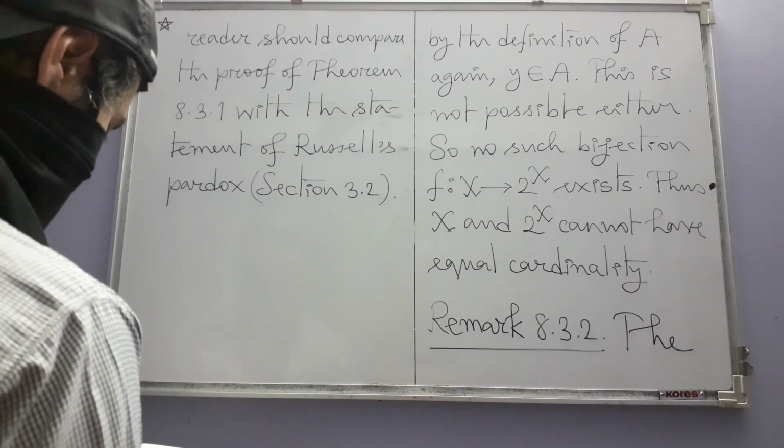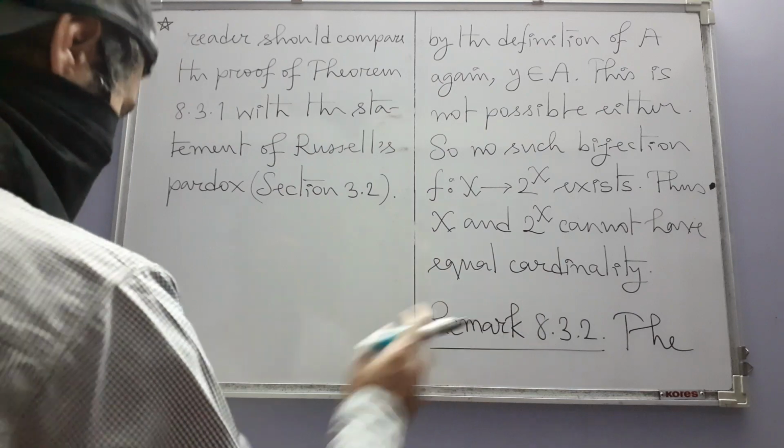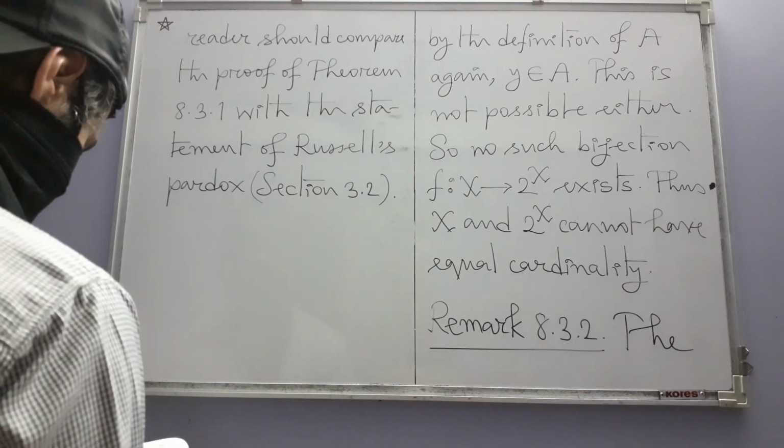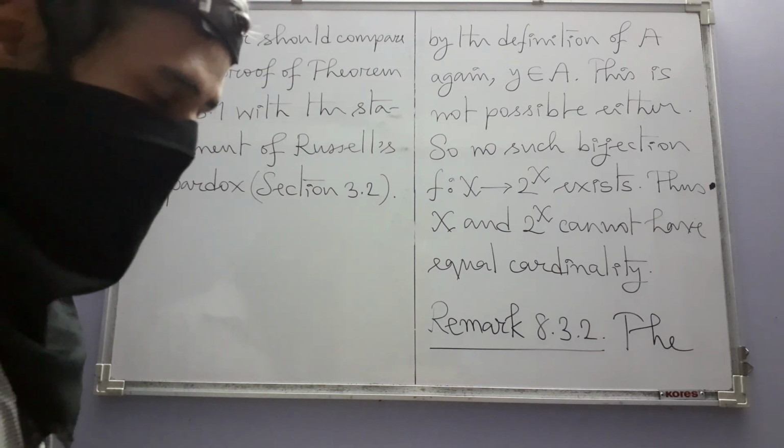The point is that a bijection between x and 2 to the power x, if it existed, would bring us dangerously close to the concept of a set containing itself.